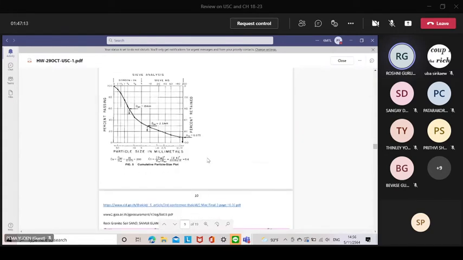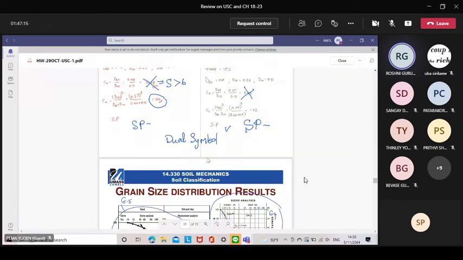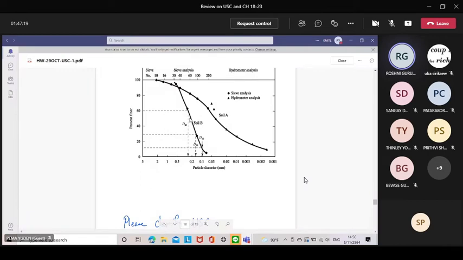And then for soil B, we got a Cu value of 3.3 and a Cc value of 0.948. The percentage of sand is 95%, like 98 minus 3, which is 95%, and there is 0% silt and clay, and the gravel is 5%.